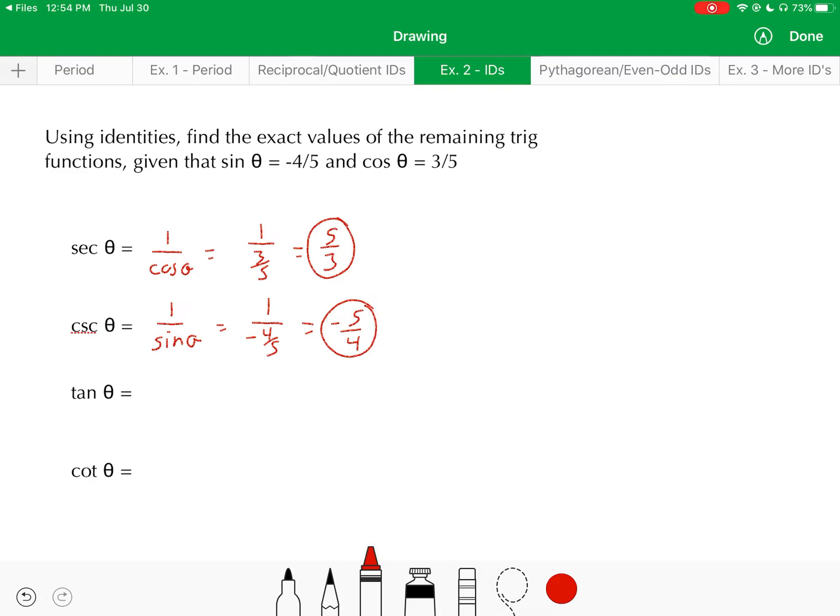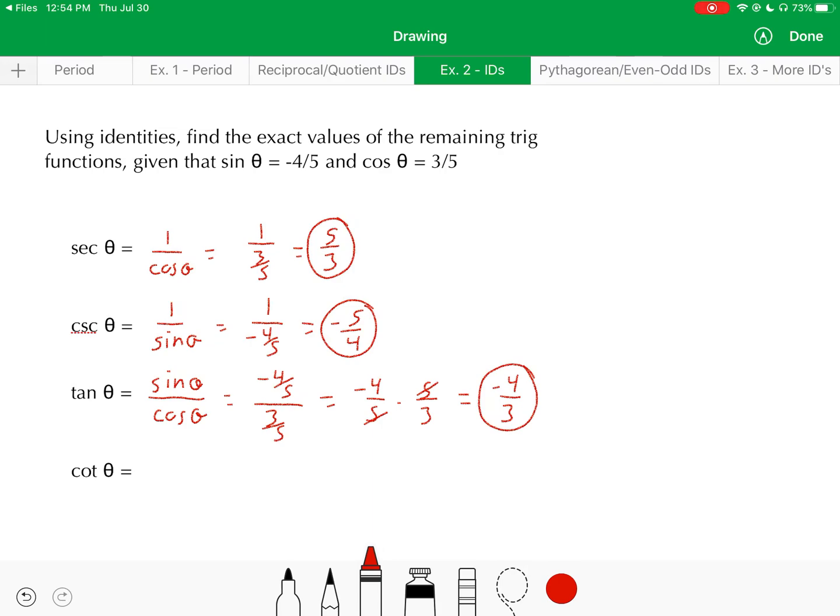All right. Now for tangent, quotient identity, and think of it as sine over cosine. Well, sine we know to be -4/5. Cosine we know to be 3/5. So this is going to give me -4/5 times 5/3. The 5's reduce away, you're ending up with negative 4/3.